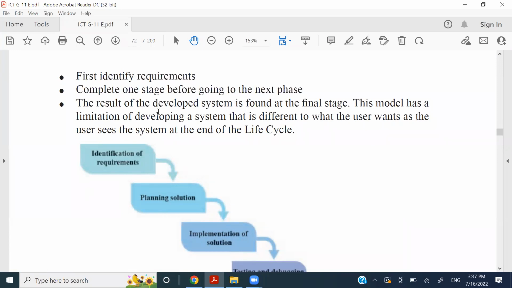So once you have identified the requirements, then according to that identification, we'll do the planning. During the planning process, if you realize there is something which has not been identified in the identification phase, you can't just go back and identify it, because that phase is done, right?